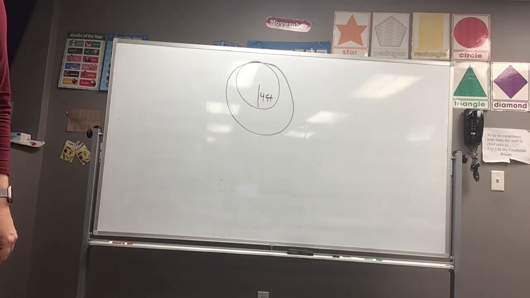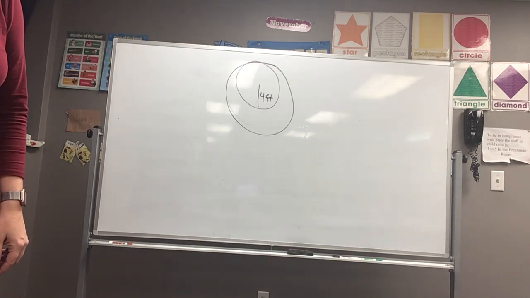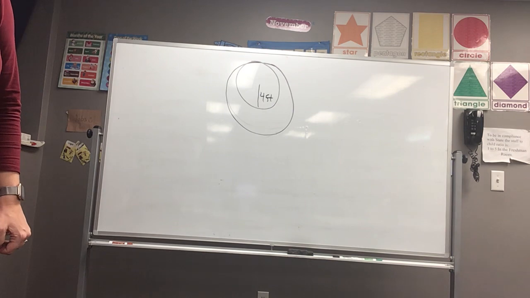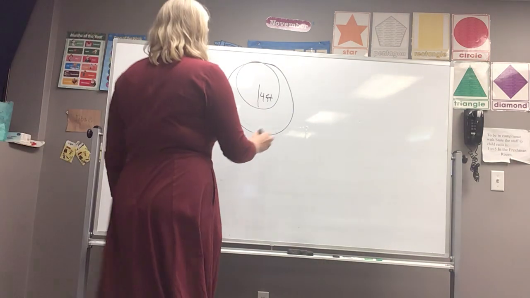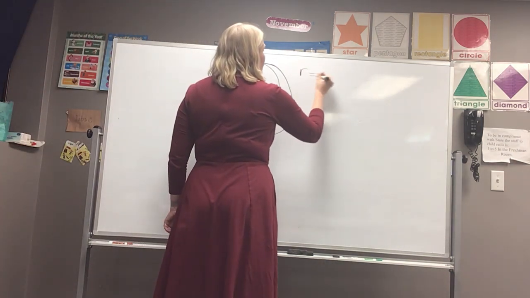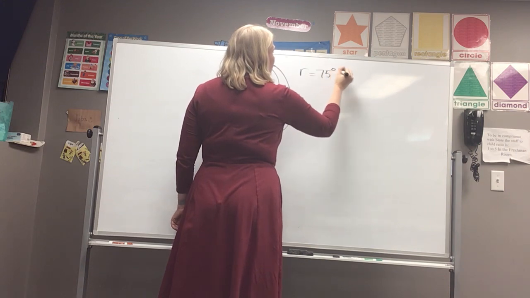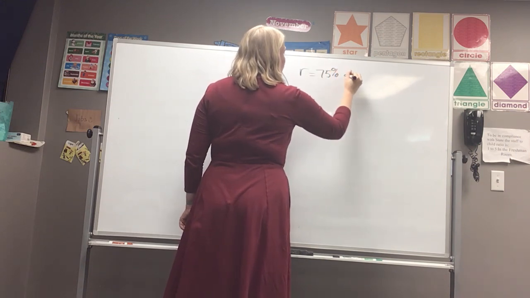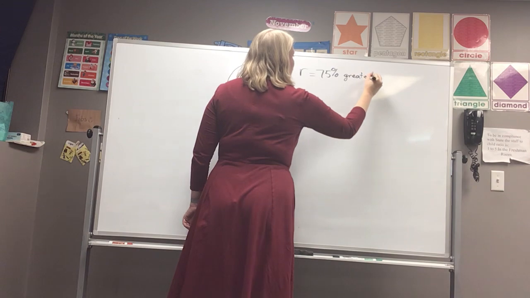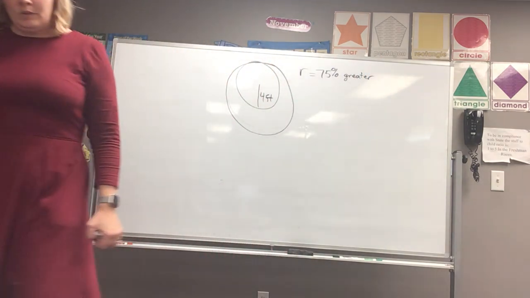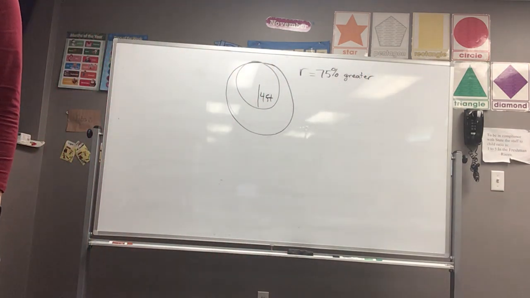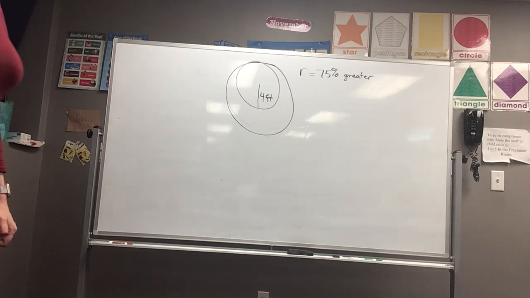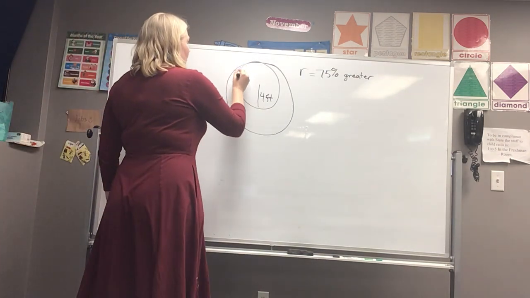So the radius of the larger circle is 75% greater than that of the smaller circle. And we are asked for the area of the shaded region.